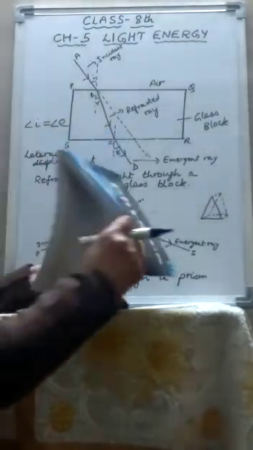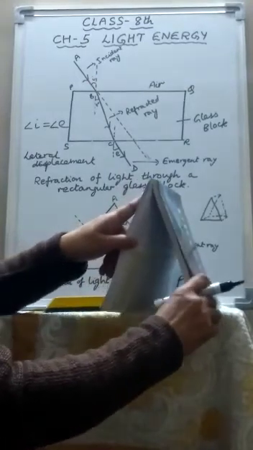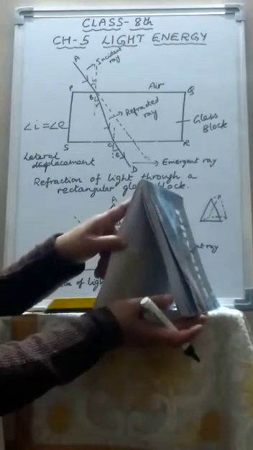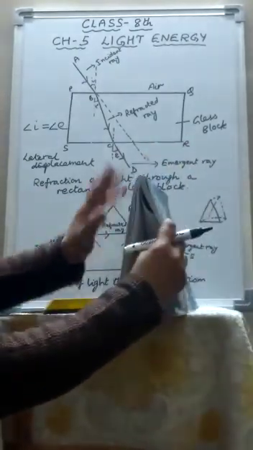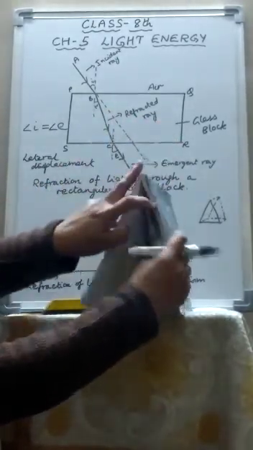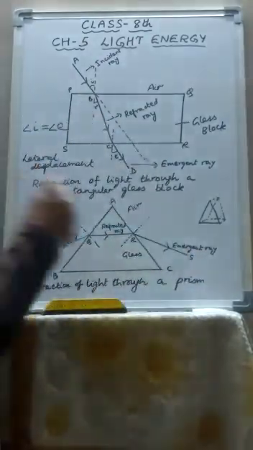See children, suppose I am using your physics book to show the view of a prism, how it looks like. See, suppose there is a base also. So first surface this, second this, third, then back fourth, and this base is the fifth. But the front section is a triangle.